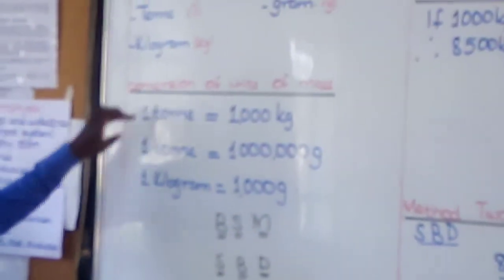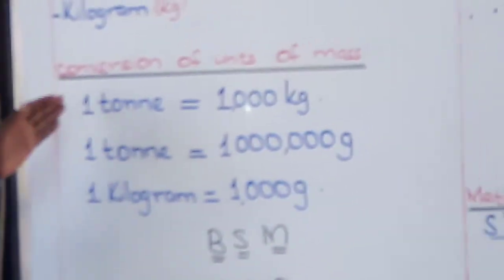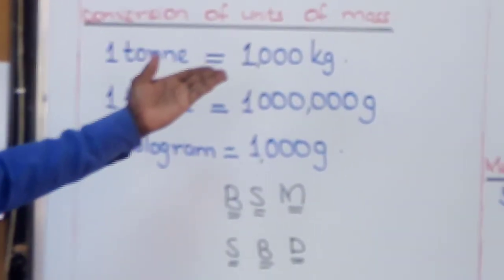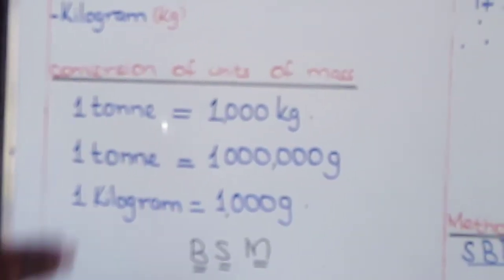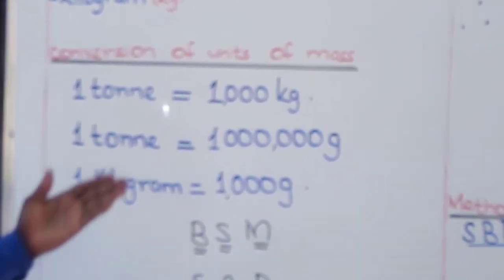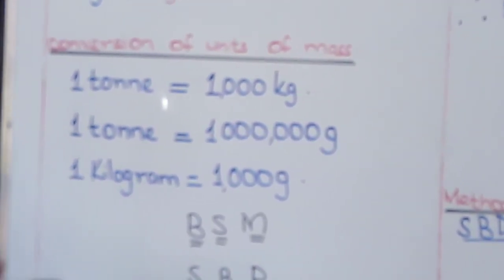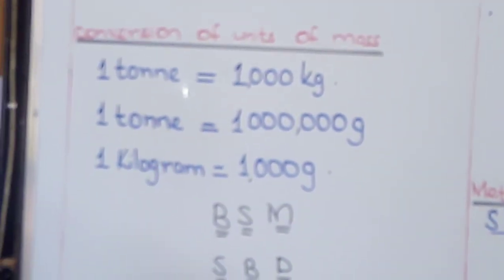And so it's easy to convert. It's not hard. As long as you master this conversion table of the units of mass, you are required to master the conversion table. 1 ton equals 1,000 kilograms. 1 ton equals 1 million grams. 1 kilogram equals 1,000 grams.